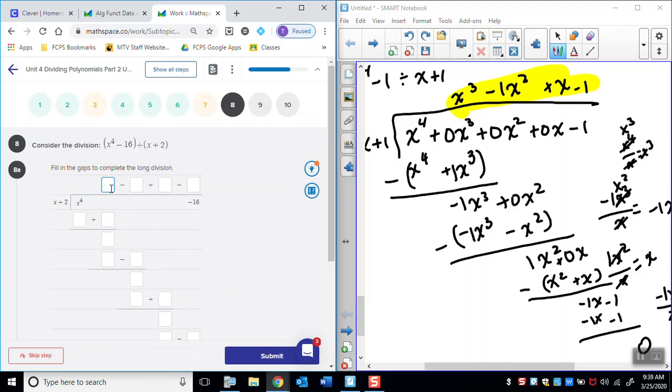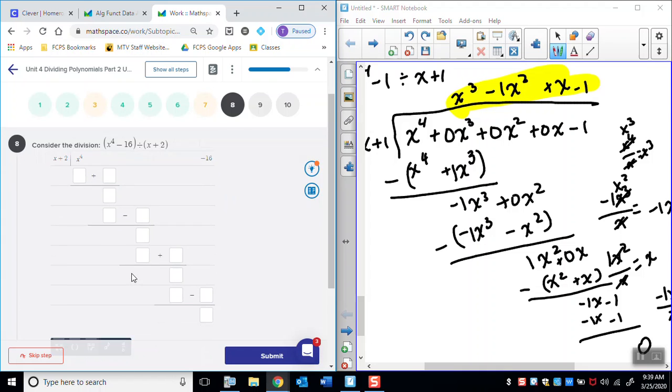Alright, so this one right here, you have x to the third, and then you have here, these end up just being 1, and then you have x to the second. This ends up being 1 as well, x, and then this ends up being negative 16 divided by 2, that would be negative 8.